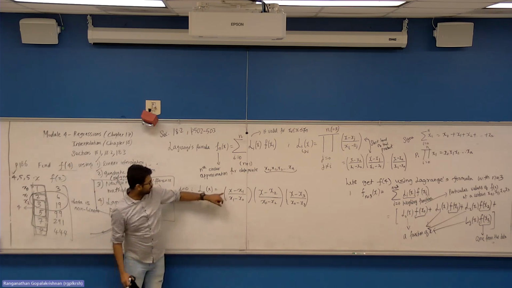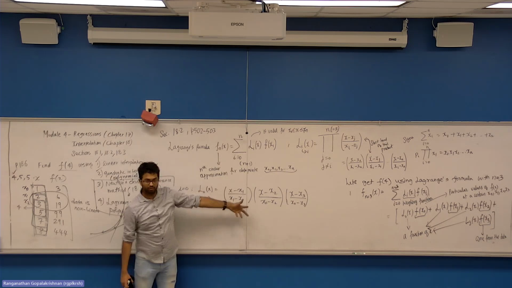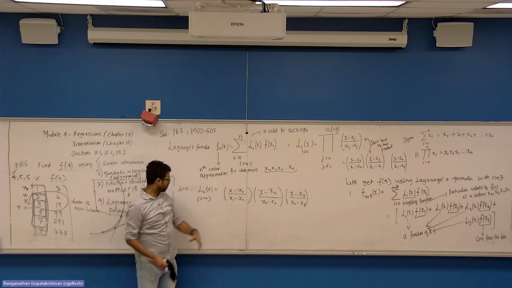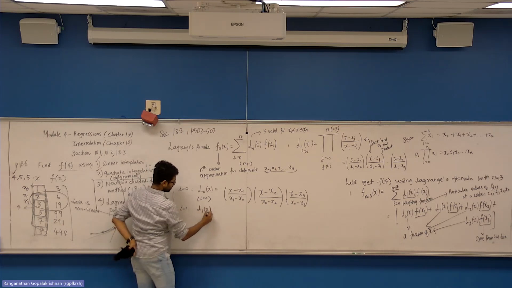Obviously, you are going to get only cubic polynomials because we chose n equals 3. You are always going to get a product of 3 terms, which will make it a cubic. For i equal to 1, what is L1 of x?